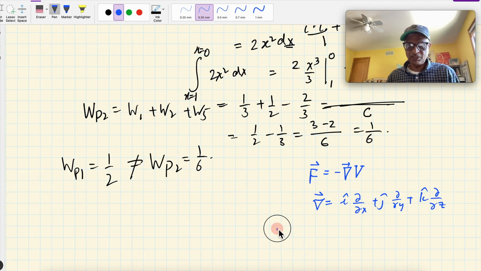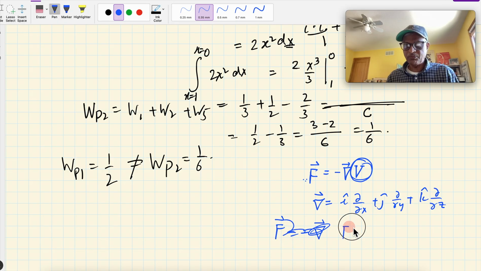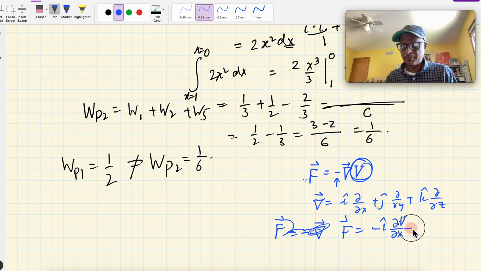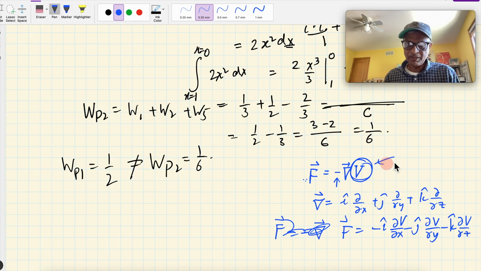If that's the case, meaning if there was a V for that force, if F was written like this, where the minus is just a convention, okay? F equals minus i hat dV/dx minus j hat dV/dy minus k hat dV/dz. If this thing exists, then it will be totally path independent. You can actually integrate it.